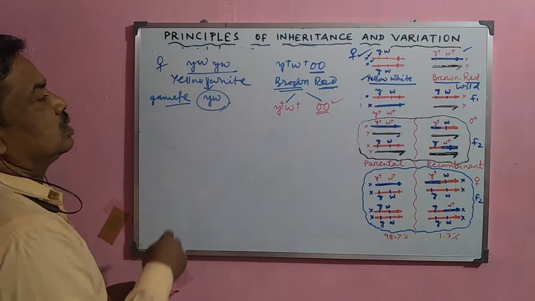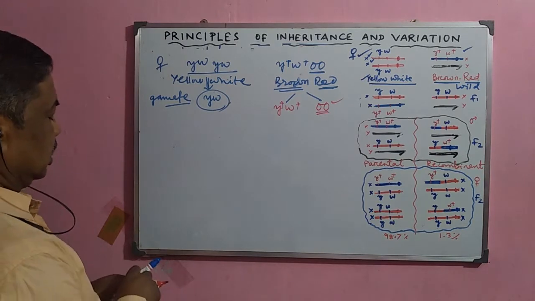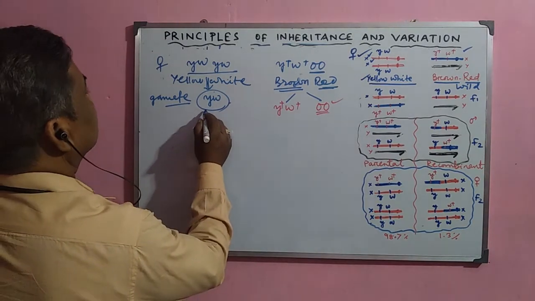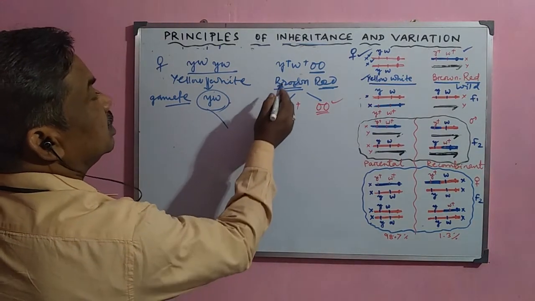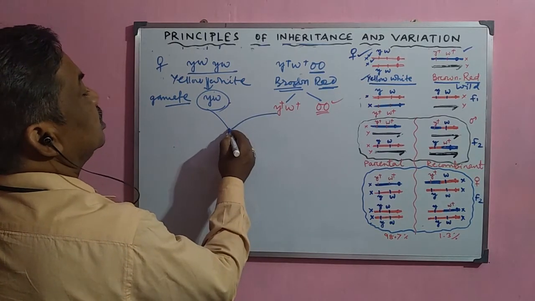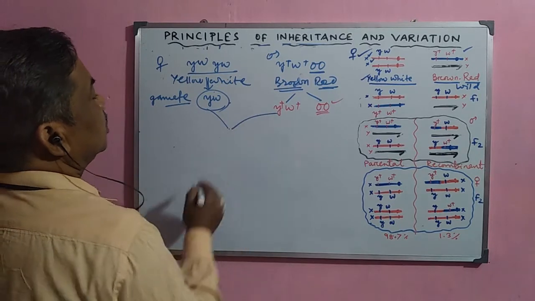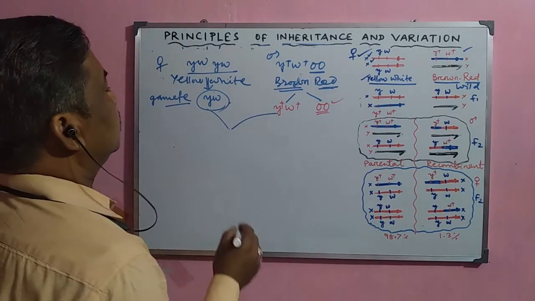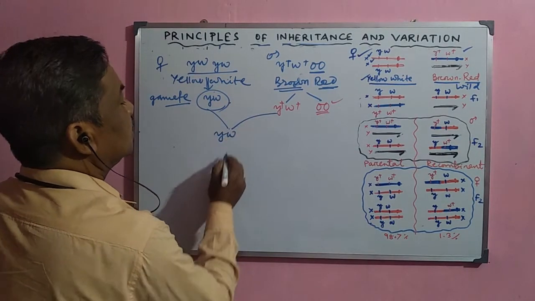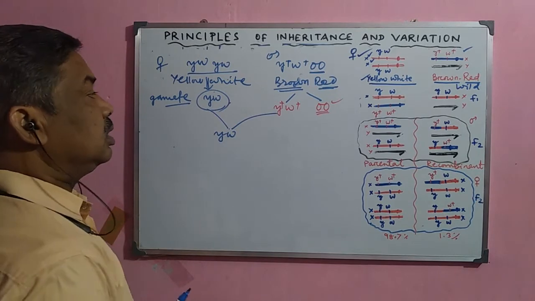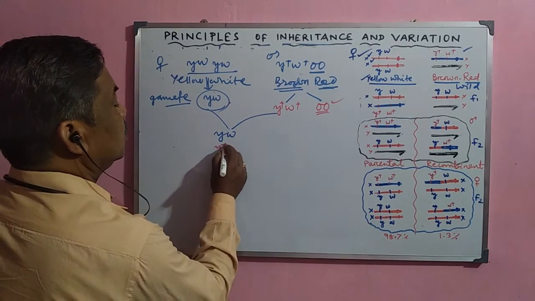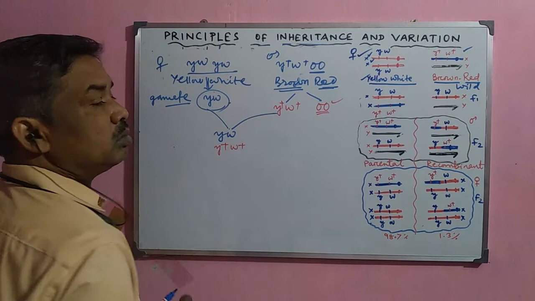Suppose this is the female gamete and this is the male gamete; when they fuse together, they form YW from the female and Y plus W plus from the male.